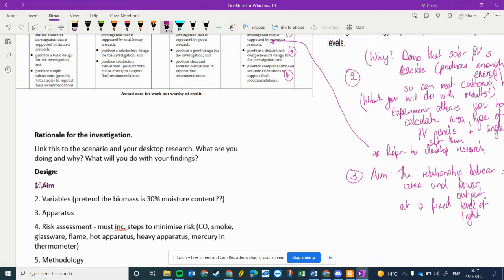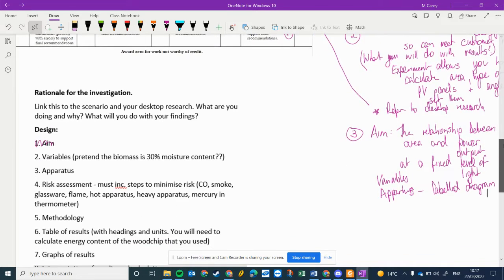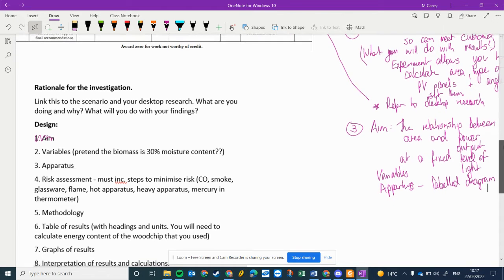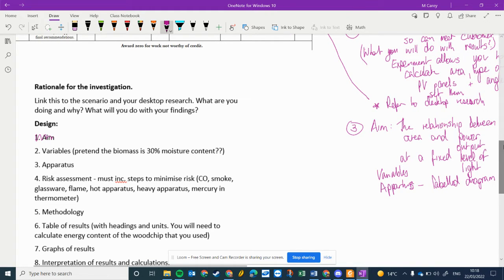Then your design: you list your variables and your apparatus with a labelled diagram. Your risk assessment, you can take that from the last video. This is actually from a practical a few years ago, so please do not copy this word for word, you're using solar panels. You need your risk assessment and your methodology, which is just what you're doing, your steps.